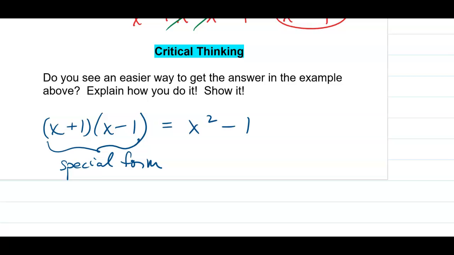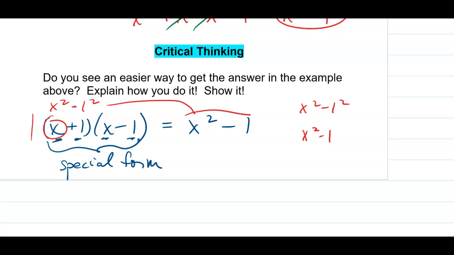And when we see x plus something and x minus something, and it's the same thing here, we simply take the first part and we square it, and then we subtract the second part and we square it. And that leads to this, because x squared minus 1 squared is x squared minus 1.